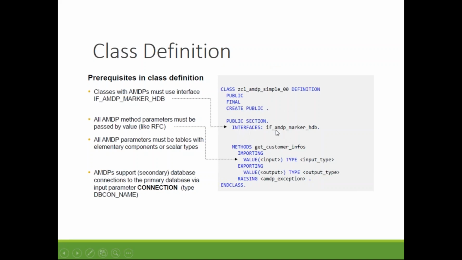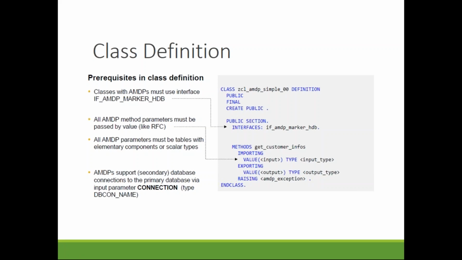In the public section we have to use the interface IF_AMDP_MARKER_HDB. Like for an ALV report, the type pool SLIS is required; in C programs you include stdio.h. Here this interface is compulsory. Without it we cannot create an AMDP class. If you give this interface name, the class becomes an AMDP class.